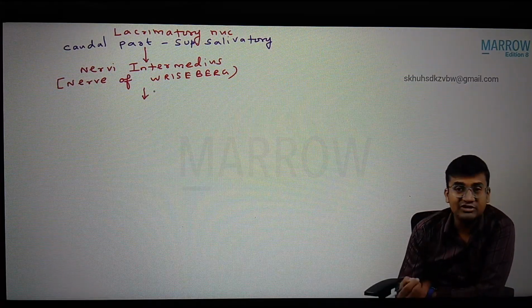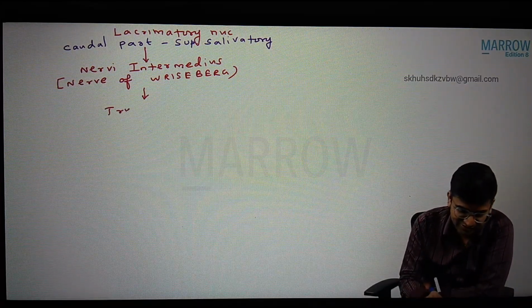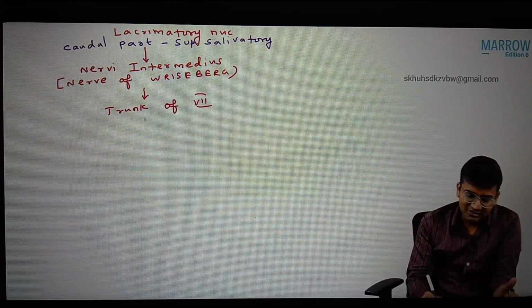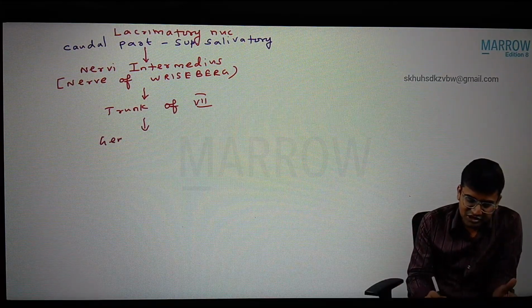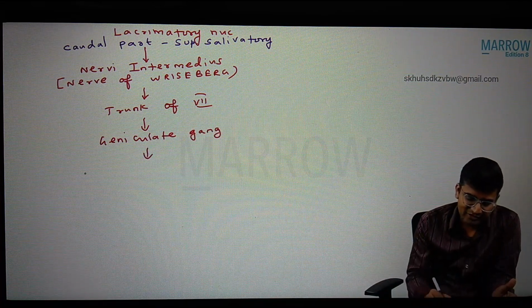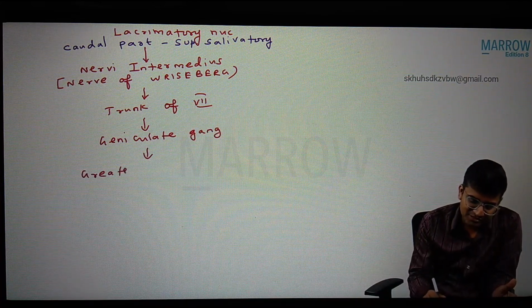From the nervus intermedius, the fibers are given to the trunk of the facial nerve. From the facial nerve, the fibers go to the geniculate ganglion, and from there to the greater petrosal nerve.